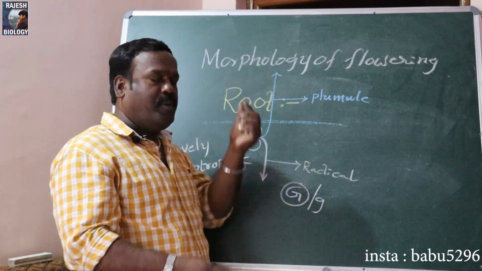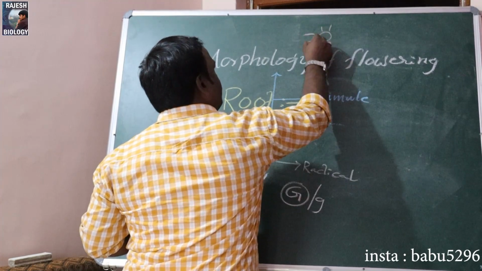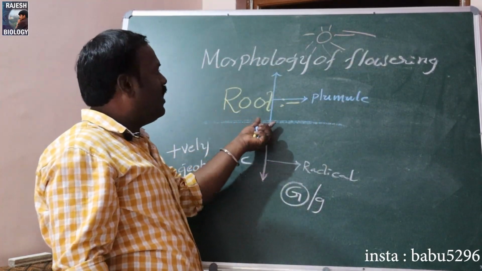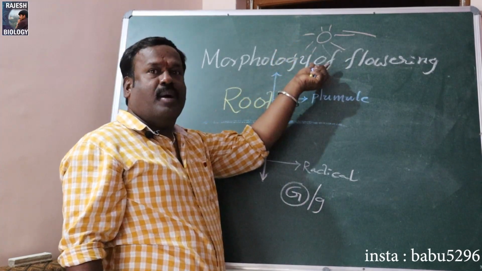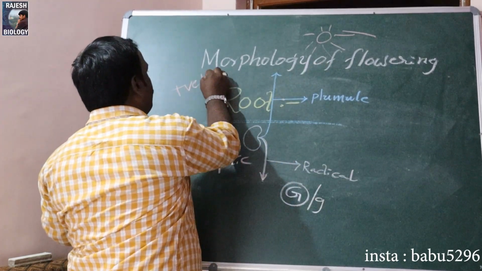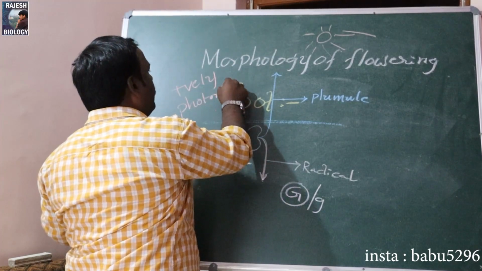And the plumule grows towards the sunlight. This is the sun. The plumule grows towards the sunlight. This is called positively phototropic.